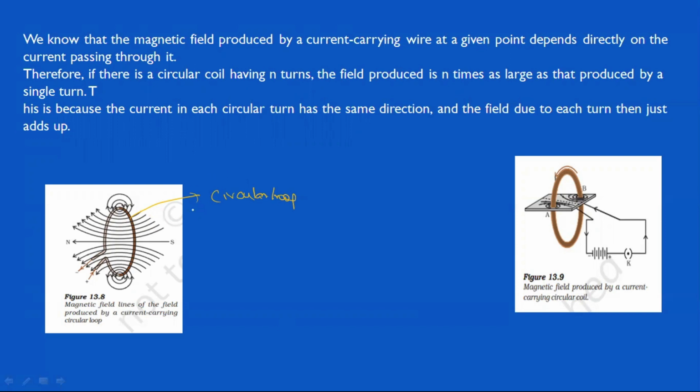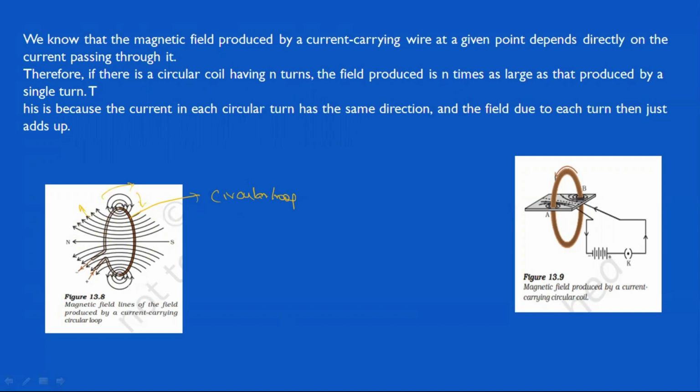So when you draw a line north to south, you will find the magnetic lines of force will be going up like this, and it will be clockwise in the upper portion.